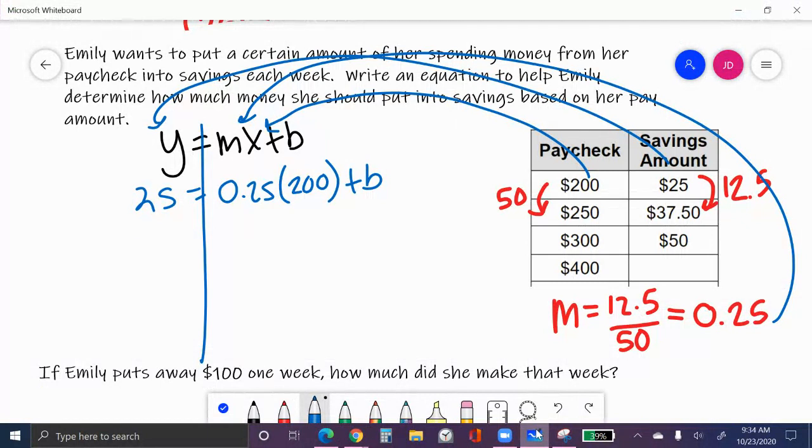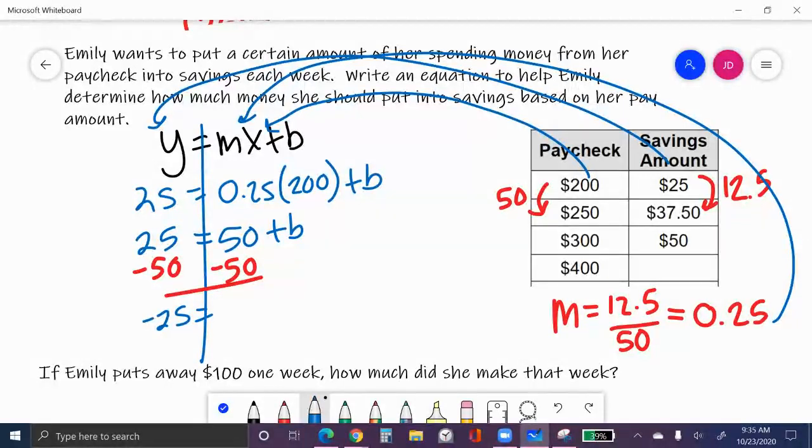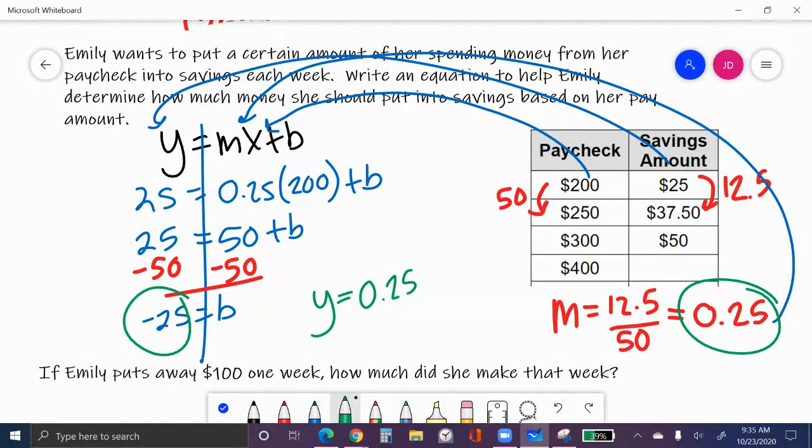So we have 25 equals 50 plus b. Minus 50 from both sides. And we get negative 25 is my b. So I got my slope, I got my y-intercept. So my equation is y equals 0.25x minus 25.